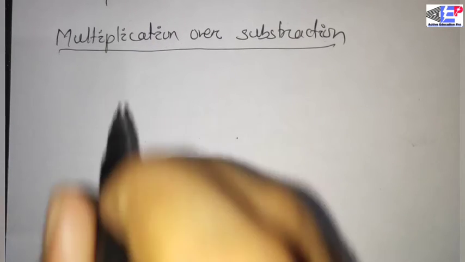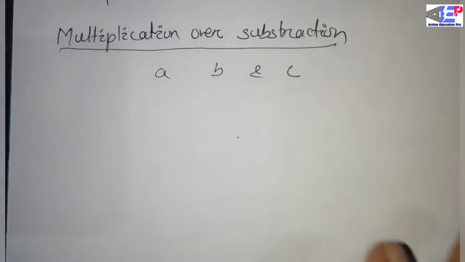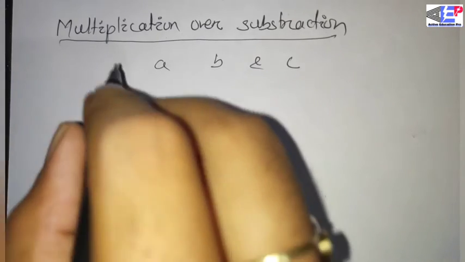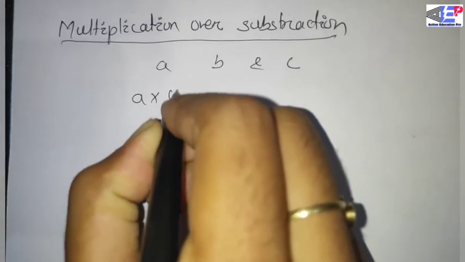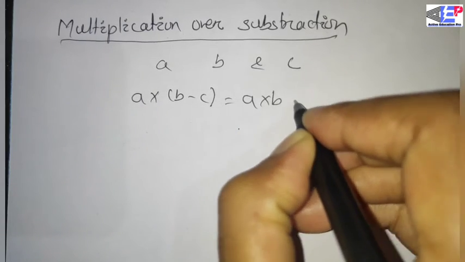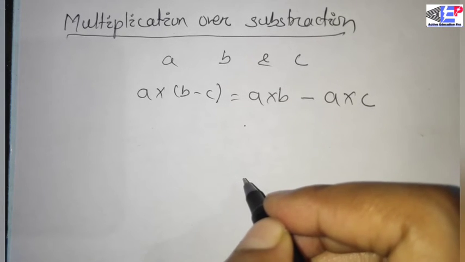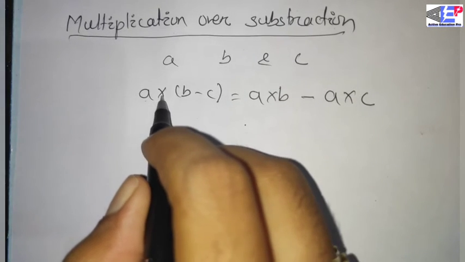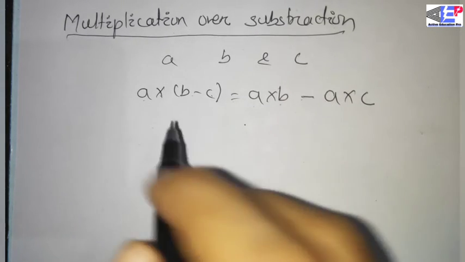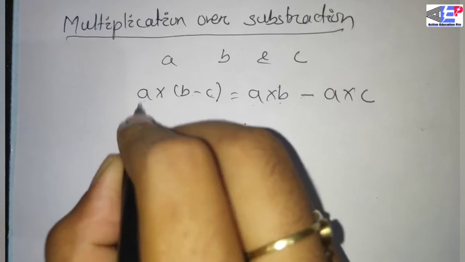This property says that A cross (B minus C) is equal to A cross B minus A cross C. Again I repeat it: A multiplied by (B minus C) is equal to A multiplied by B minus A multiplied by C. So take the first numerical example to check it.